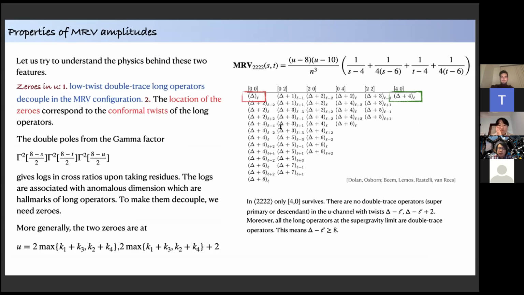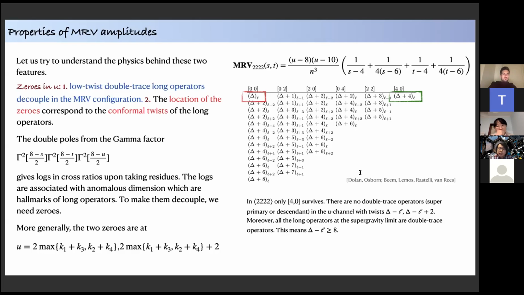So we find a very interesting phenomenon that in this MRV limit, the superconformal primary can be absent, but we have some superconformal descendants that are still present. And the one that survives has a conformal twist larger than that of the primary by 4. Now, since we're dealing with a large N theory, all the long operators we encounter are double trace operators.